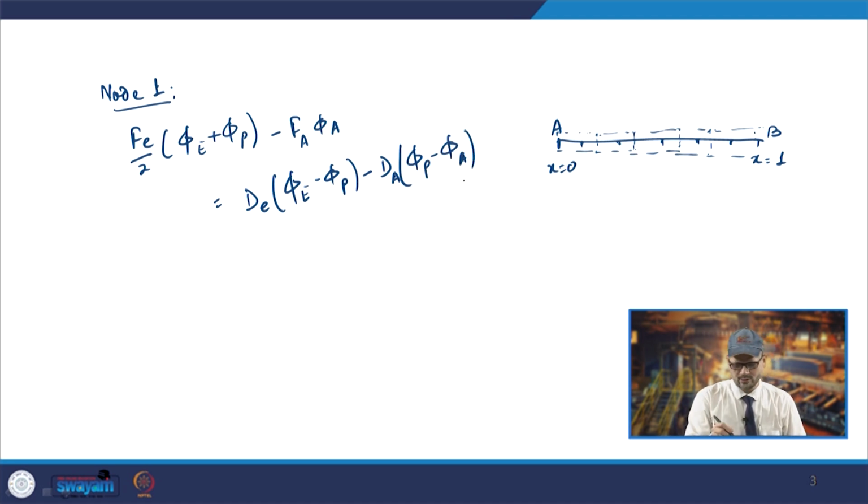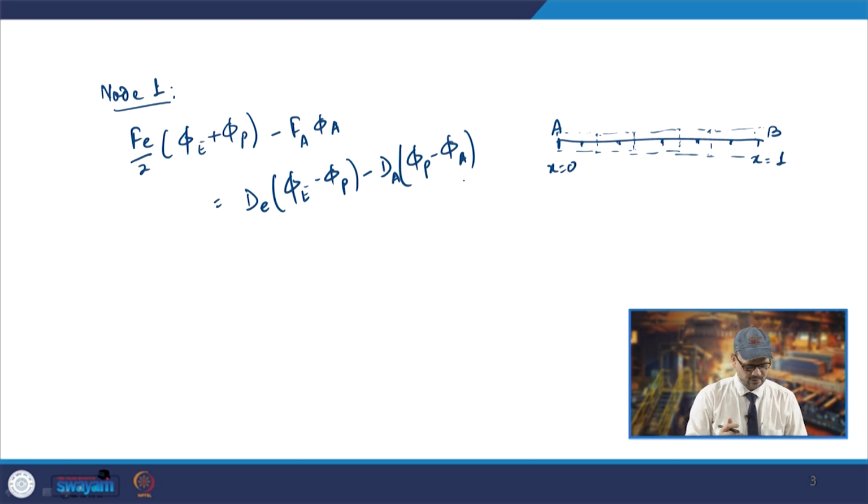The phi a value is known here, and it is given.